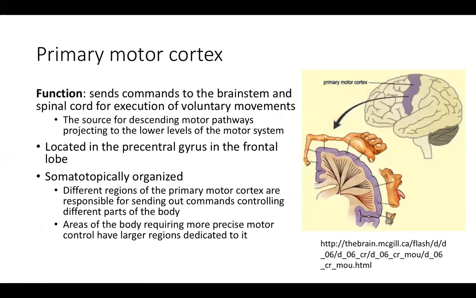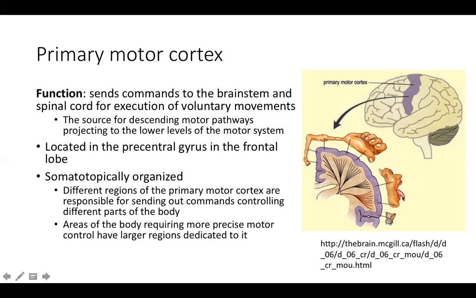So to get started, I'll give you a little more information on the primary motor cortex first. Here I'm showing you an image of the precentral gyrus, and here it's in purple. This is the primary motor cortex, or the motor strip. I'm showing you an image here to the left of that primary motor area, which is depicting different regions that are represented within the motor cortex.